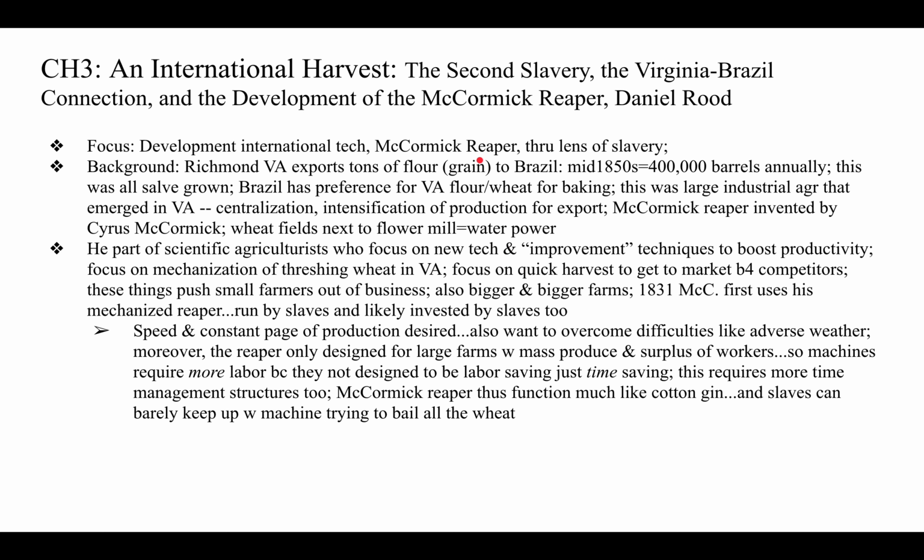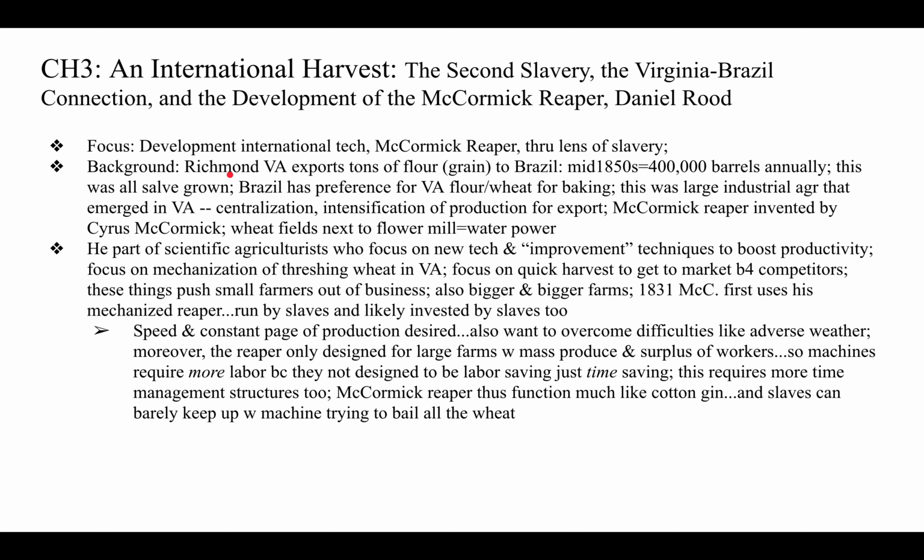A reaper is not for cotton; it's for harvesting grain for flour. I'm not a farmer, by the way, so I have no idea if this is correct, but I'm assuming it just cuts the wheat stalks. That's the new piece of technology, this big machine.